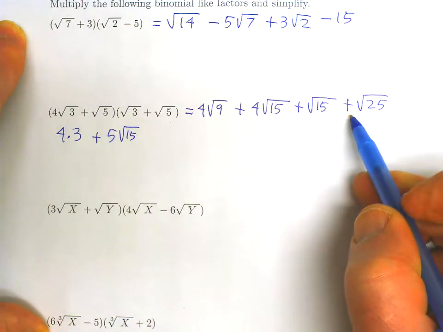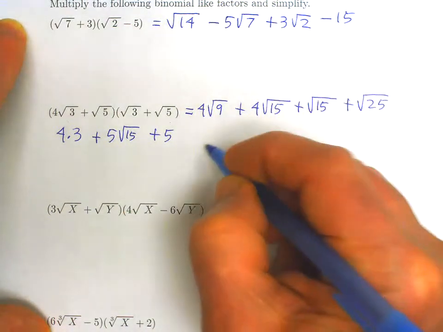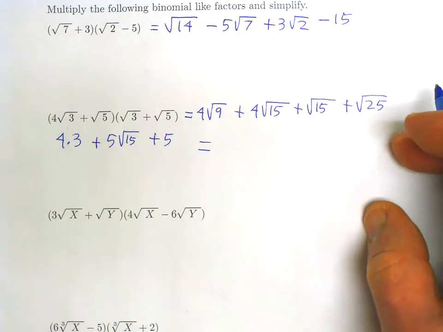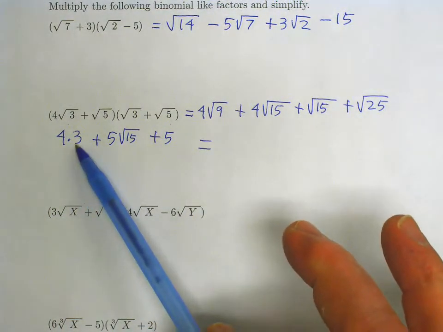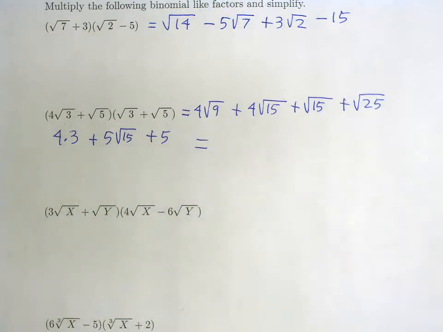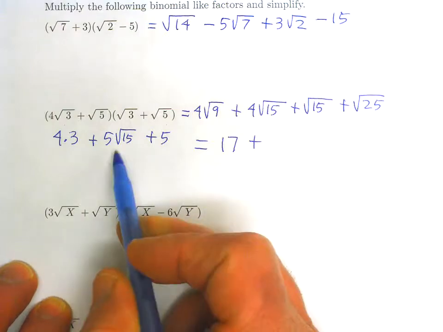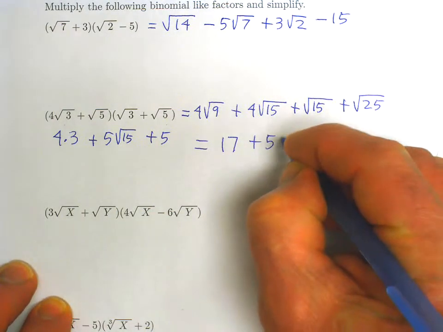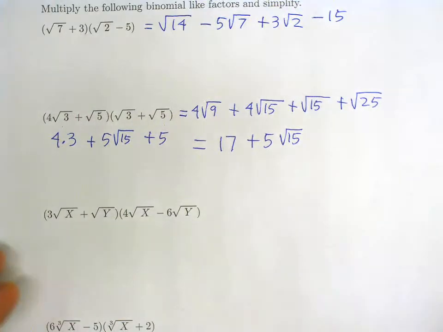And then the square root of 25 is 5. And in the next step, we'll just write the completely simplified result. 4 times 3 is 12, and 12 plus 5 is 17. So we have 17, and that's added to 5 times the square root of 15. This is as simplified as it can get.